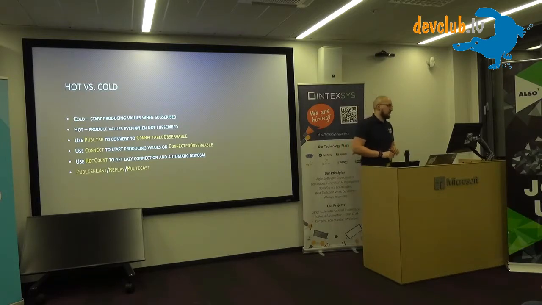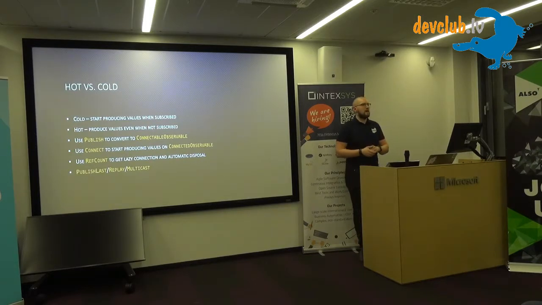There's another reason why you want a hot observable: cold ones generate from scratch each time you subscribe. So if you subscribe to the same observable twice, each of the subscribers is going to get the same set of values, but on a different rate.